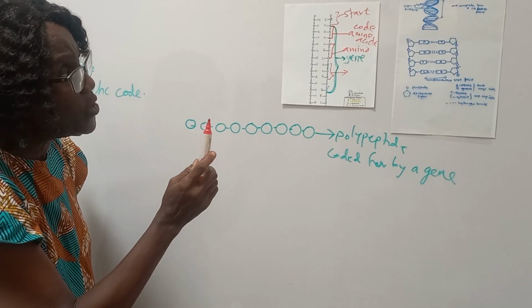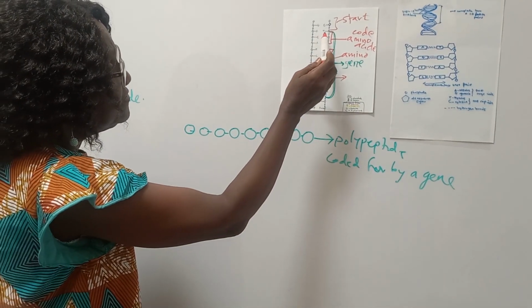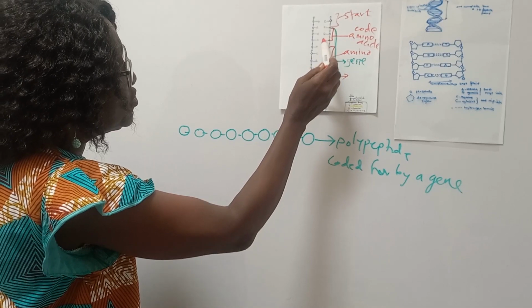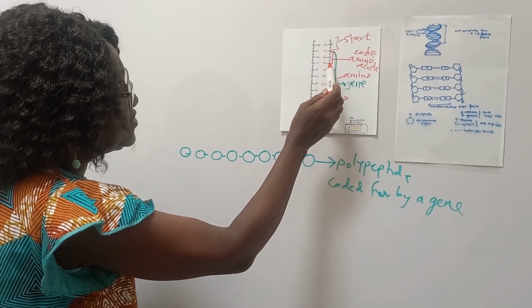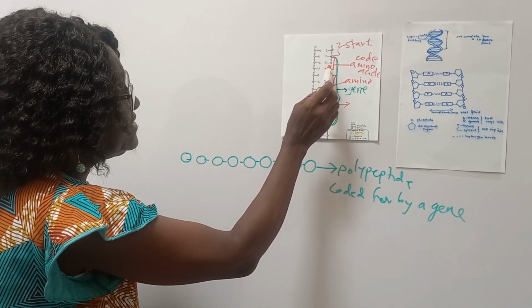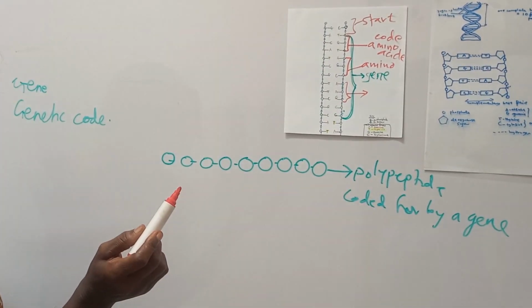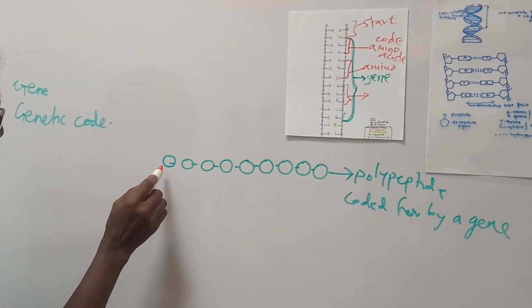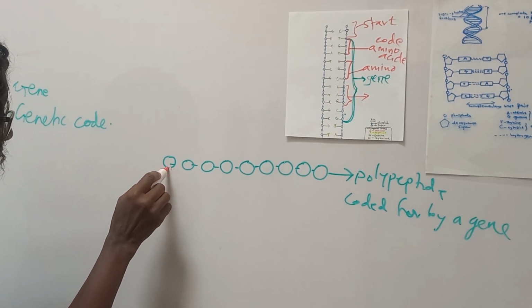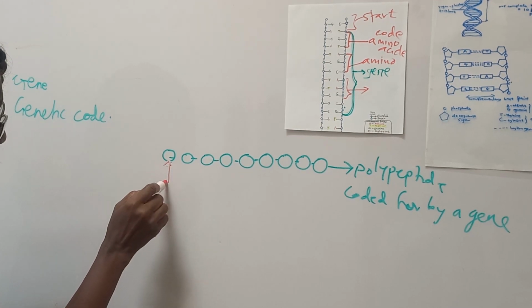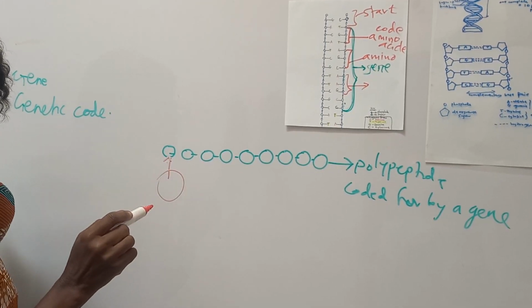Now, we want to leave it at that and look at the genetic code. The genetic code is a sequence of bases. It's a sequence of bases that determines the inclusion of an amino acid in a polypeptide. So if this amino acid is included in a polypeptide, it's because of a genetic code.